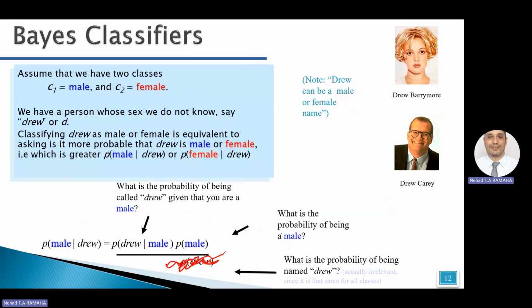It will not affect the result, because for all the posterior probabilities the divisor is the same, so dividing by the same number does not change the comparison between the probabilities.